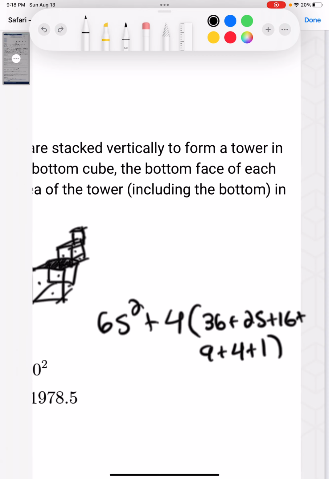Wait. So we have 77 here. Okay, I'm tripping. So we have 77 here plus 14. We have 81 times 4. You have 6 times 49, right? So what value are we going to get?